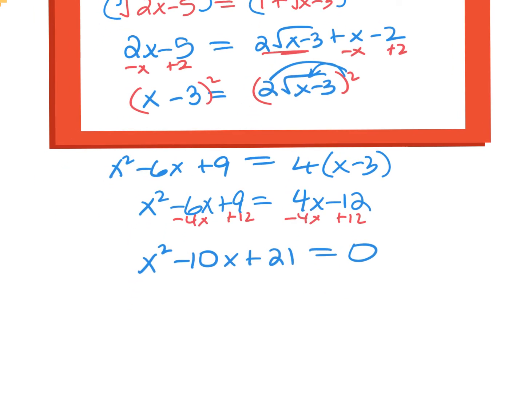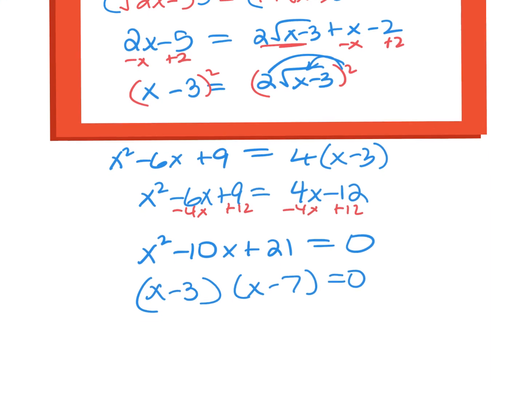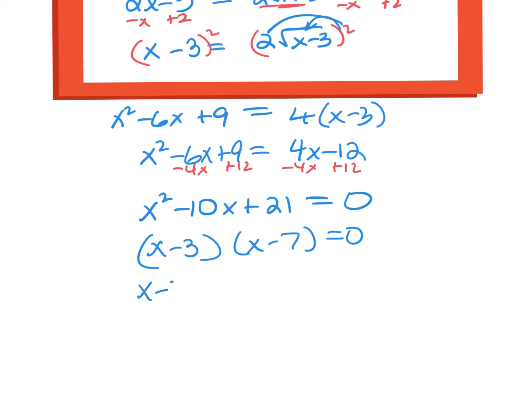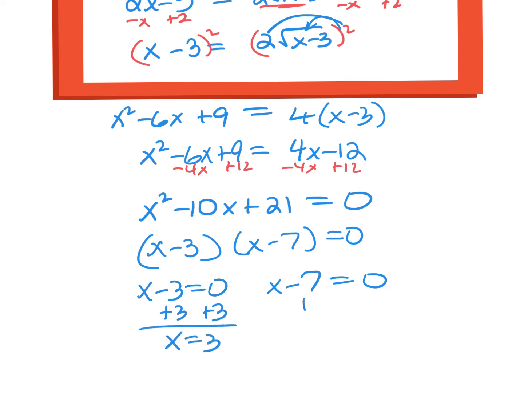And that's going to be a -3 and a -7. Set each of the factors equal to 0. x minus 3 equals 0. x minus 7 equals 0. Add 3. First answer is x equals 3. Next answer is x equals 7. I got to do the check.